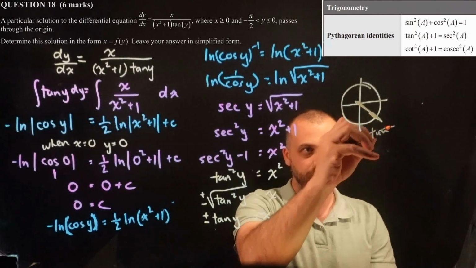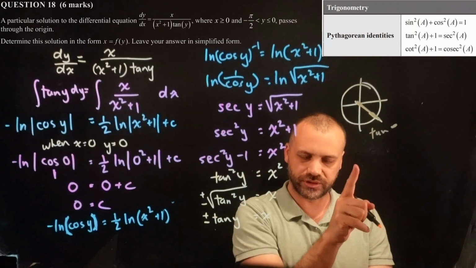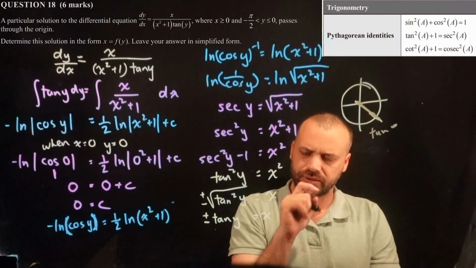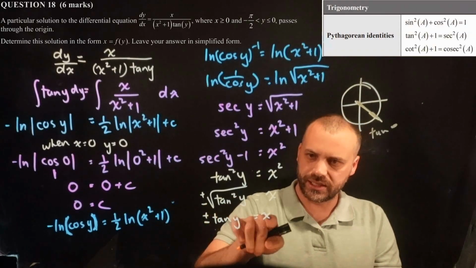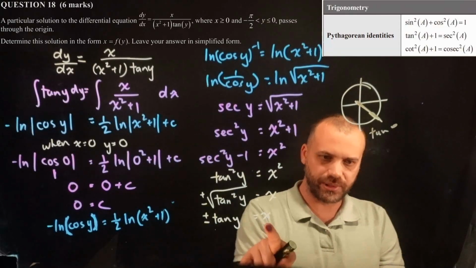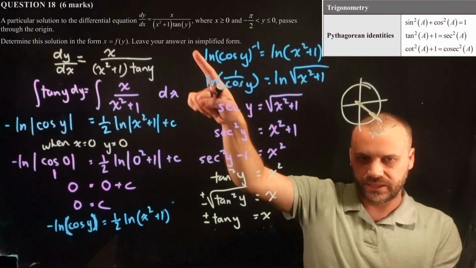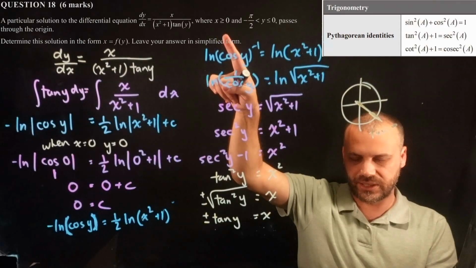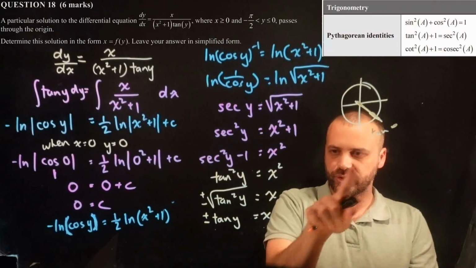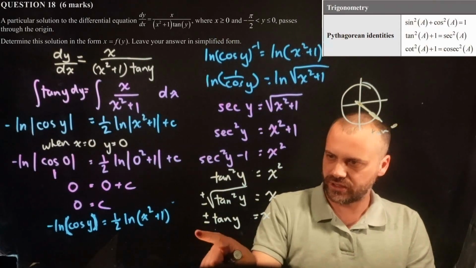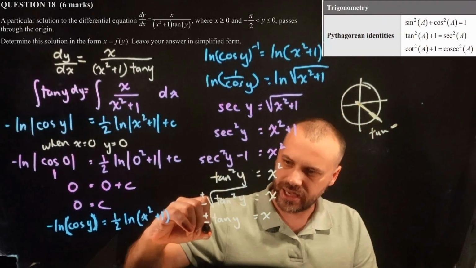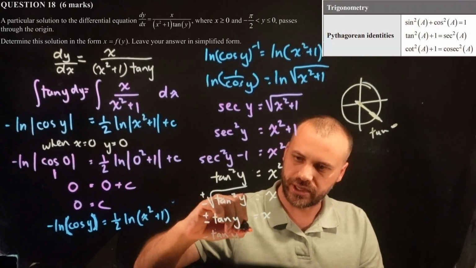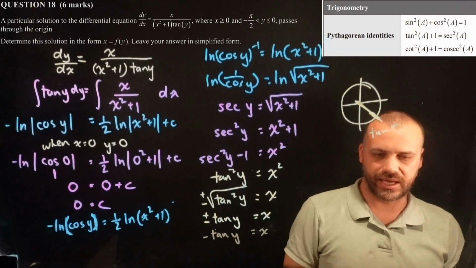Let me move out of the way. Tan is negative in the fourth quadrant. So, if we go positive tan y, we're going to get a negative x value. But, it says here that x is always greater than or equal to 0. So, in order for us to get a positive x value out of this, we're going to need to have negative tan y is equal to x.